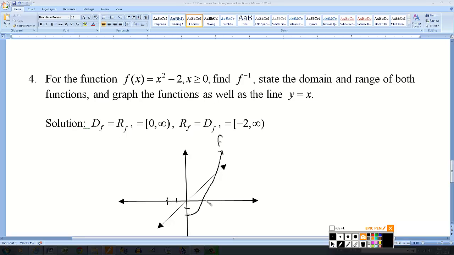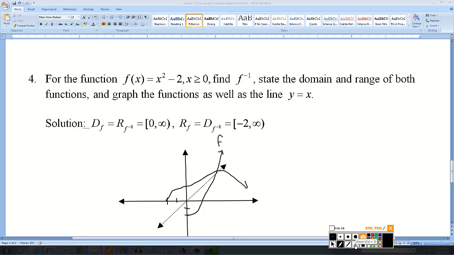If I reflect this over, I get this, and then reflect this over, I get this. So basically, this graph is going to go something like this. A little bit off here, but it goes like this here, and then should be more like this over here.